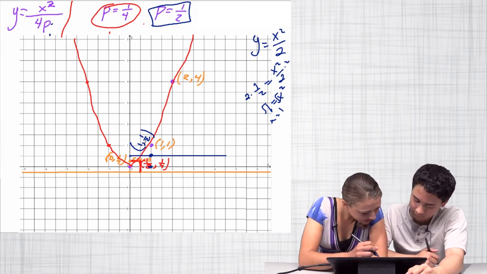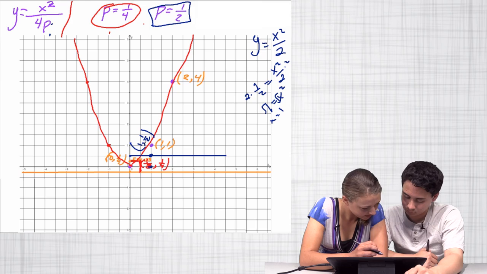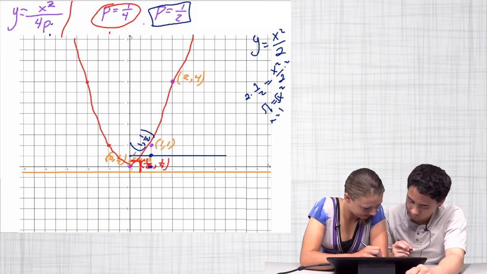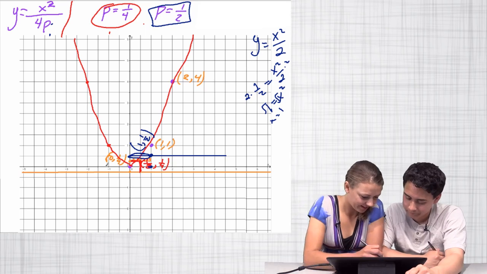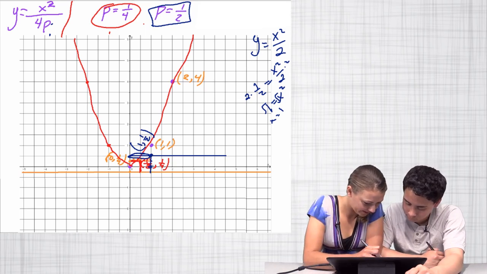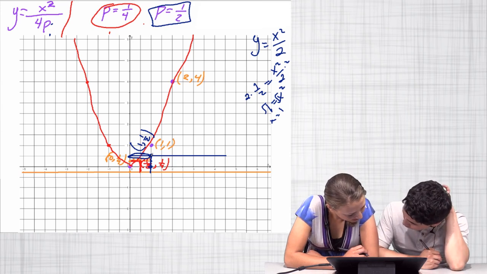So what is the distance from the point to the focus? Right there? Yep. And that one. How did you know that distance was 1?